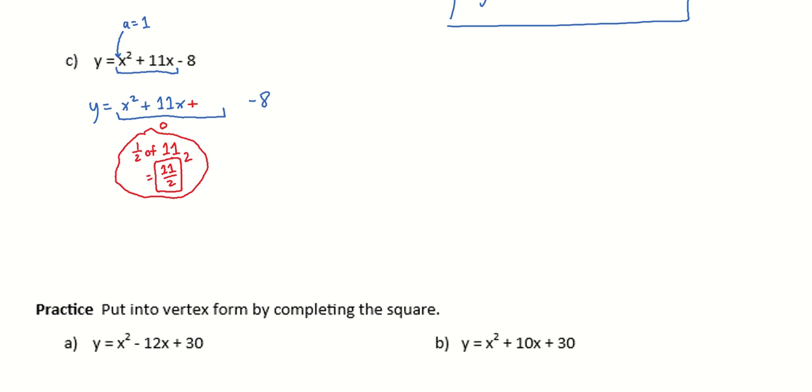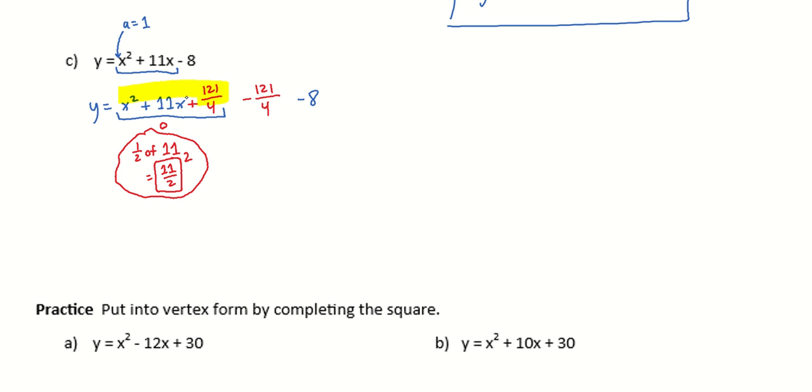And we're going to square that. So when we square 11 over 2, 11 times 11 is 121. 2 times 2 is 4. Okay, just going to move this guy over a little bit, and we can't just go adding things without atoning for it, so I'm going to subtract 121 over 4. No harm, no foul.